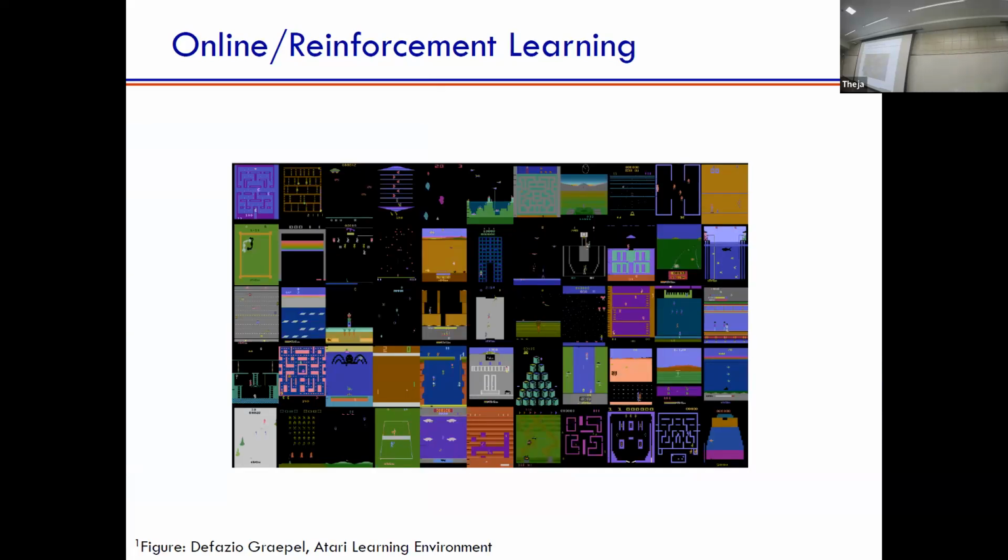This is just a snapshot of Atari games. I don't know how many of you played these 2D games. These days, everybody probably plays 3D games from the get-go, but these are screenshots of different games. Think of a mobile game.